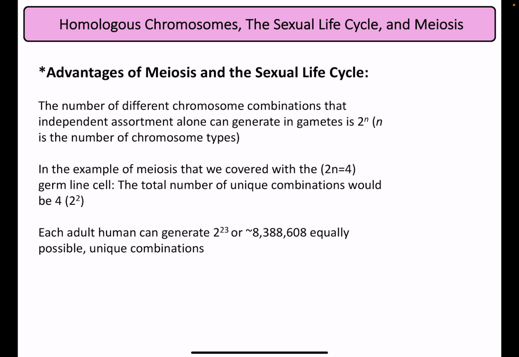So this has an asterisk, but it's interesting, so I'm going to say it. I actually already said it, so I'll be quick. Humans have 23 pairs of homologous chromosomes. Therefore, there's around 8.4 million different possibilities that your gametes could look like just in terms of independent assortment alone.